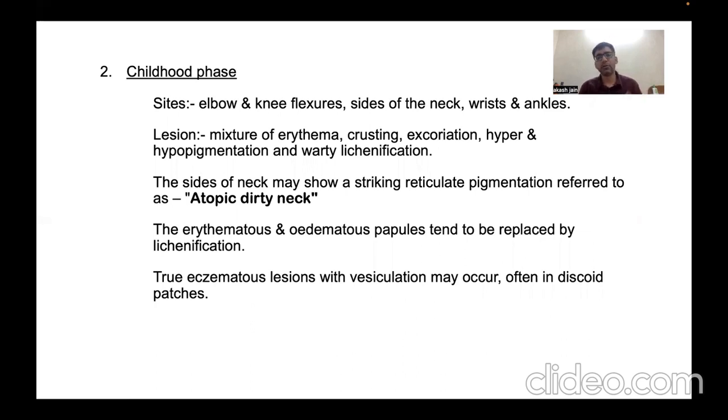Because of involvement of the sides of the neck and continuous scratching and itching, it can cause a characteristic reticular pigmentation, the dirty neck. The erythematous and edematous papules tend to be replaced by lichenification. True eczematous lesions with vesiculation may occur, often in discoid patches.